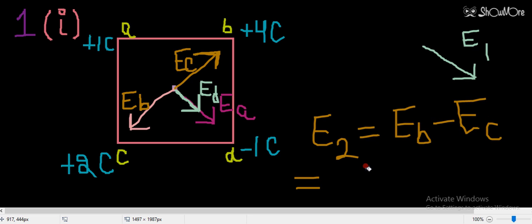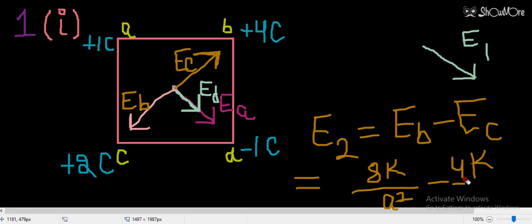So this E2, EB you can calculate. When you calculate, EB will be 4 times 2, so it will be 8K by A square, minus 2 times 2, that is 4K by A square.